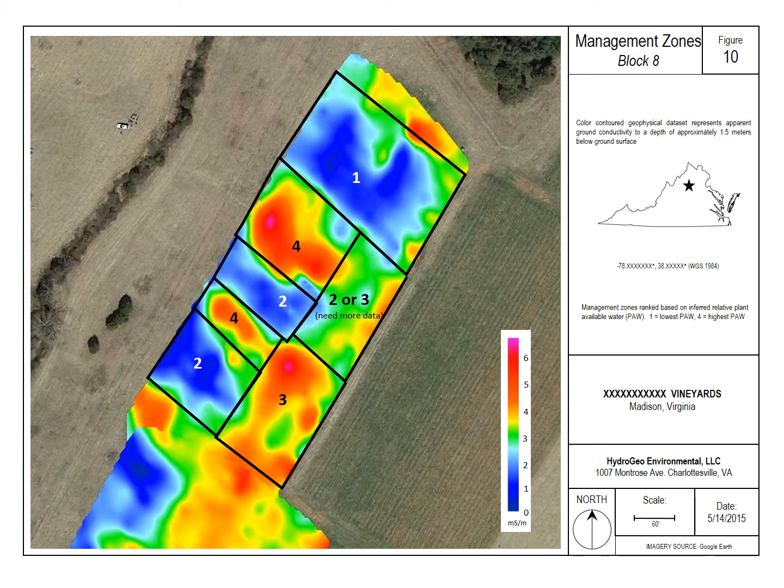So what we do is, I work with the growers to define geometrically shaped management zones that can be incorporated into the vineyard management plan and the vineyard management design. So here you can see the different management zones ranked on increasing plant available water.